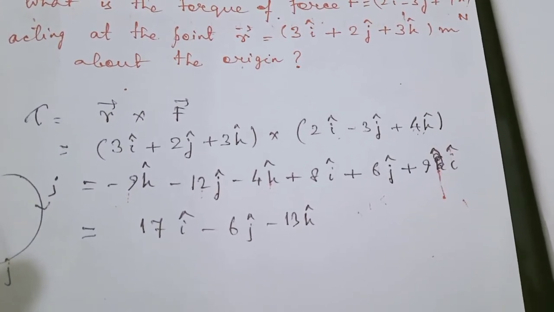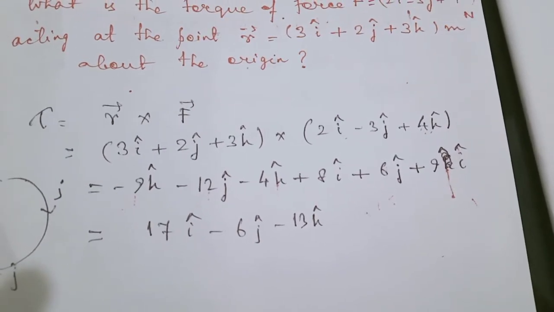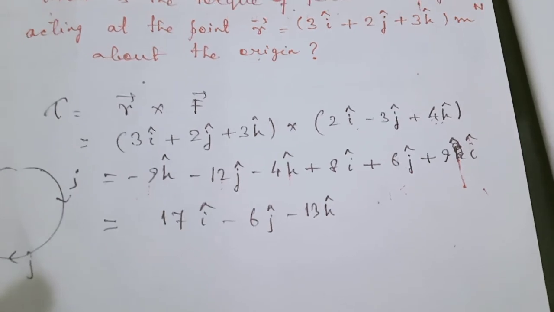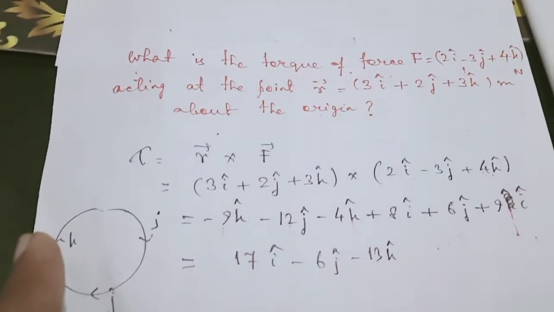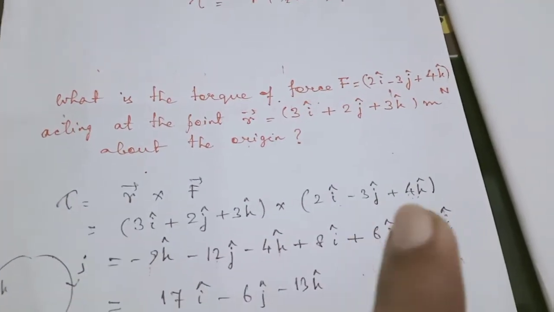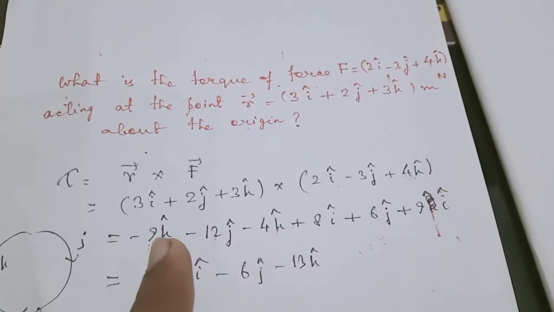Now 3i into 2i will give you 0 because i cross i is 0. Then 3i into minus 3j: i cross j, in the same direction, will give you k with positive sign. So 3 into 3 is minus 9, and i cross j is k, so minus 9k.